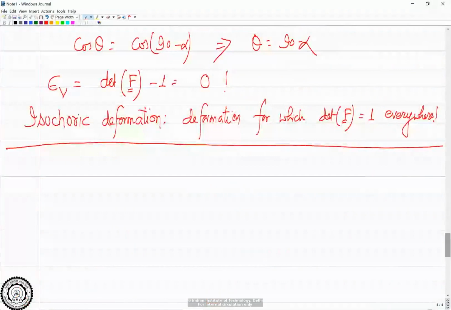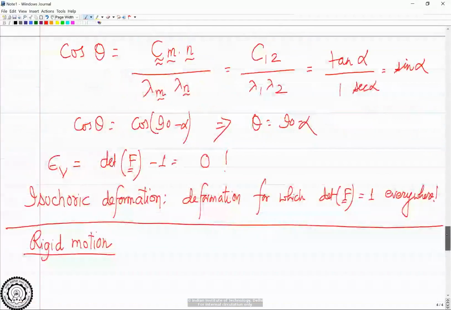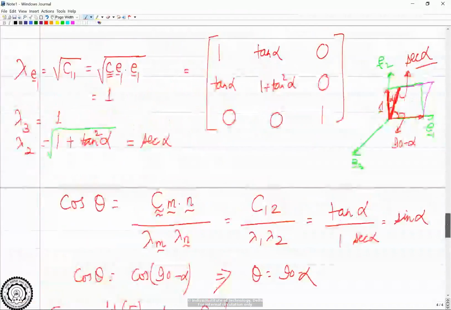Okay, so now we'll talk of rigid motion. What will be the deformation gradient for rigid motion? Excuse me, sir. Say something about the normal to the area transformation? Oh, you want to know something about that?